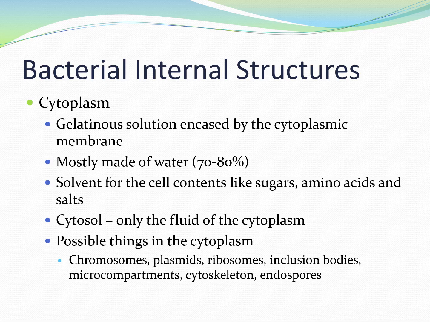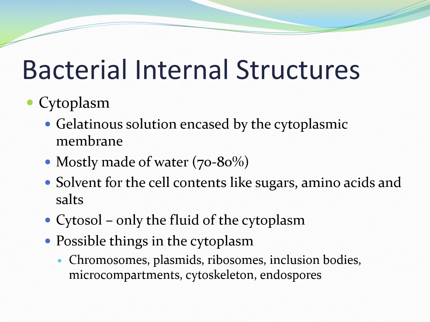Eukaryotes also have cytoplasm, so this is something that both of those types of cells share. It is made mostly of water, about 70 to 80%, and it's going to be a solvent for the cell contents like sugar, amino acids, and salts.